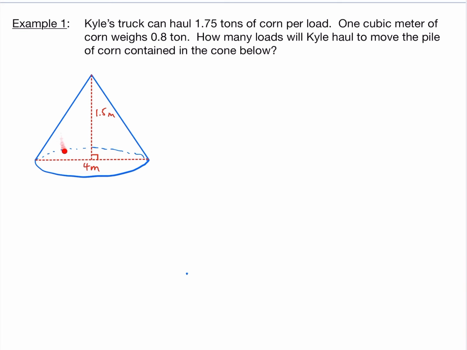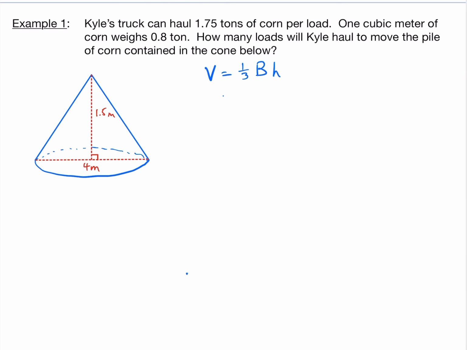Okay, so the first thing we need to do is to find out how much corn can be fit in here. So we need to calculate the volume. Well, the volume of this cone is going to be 1/3 the area of the base times height.